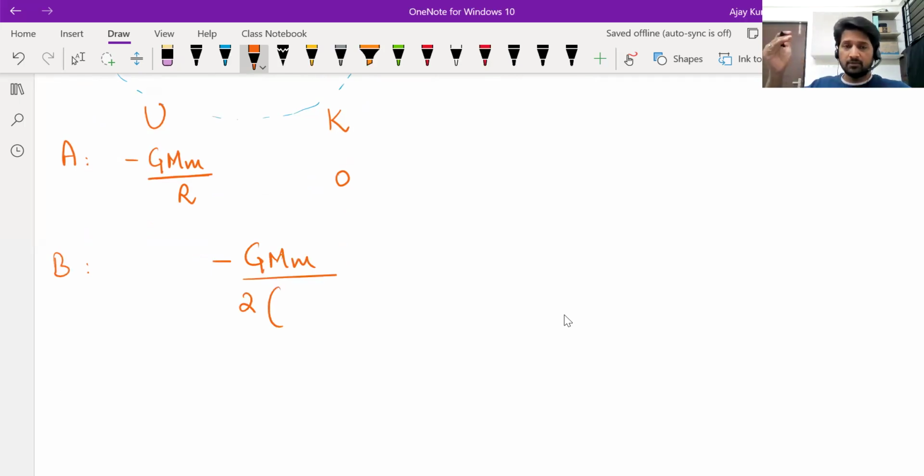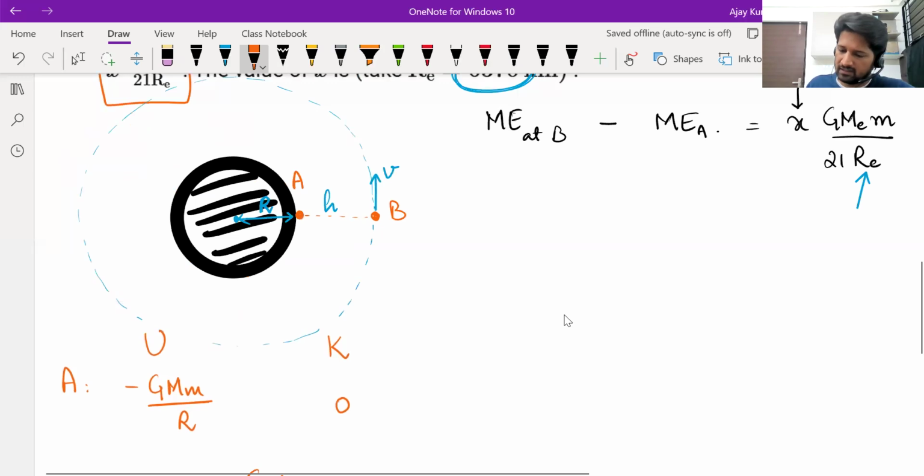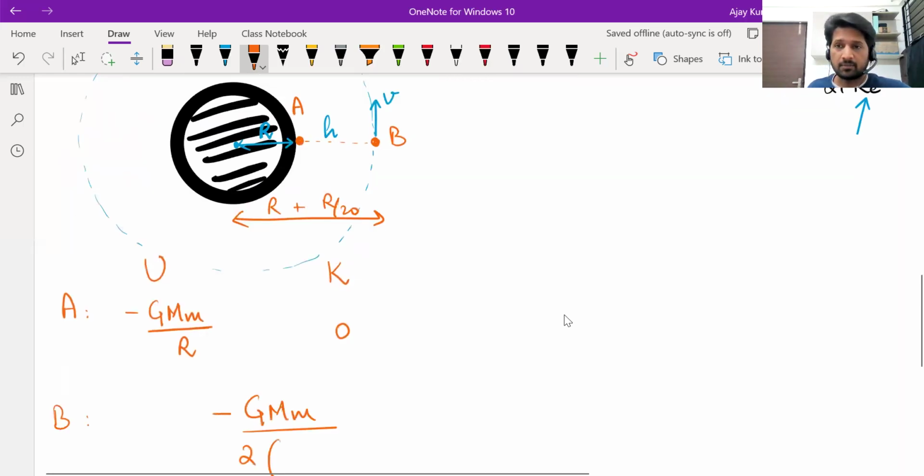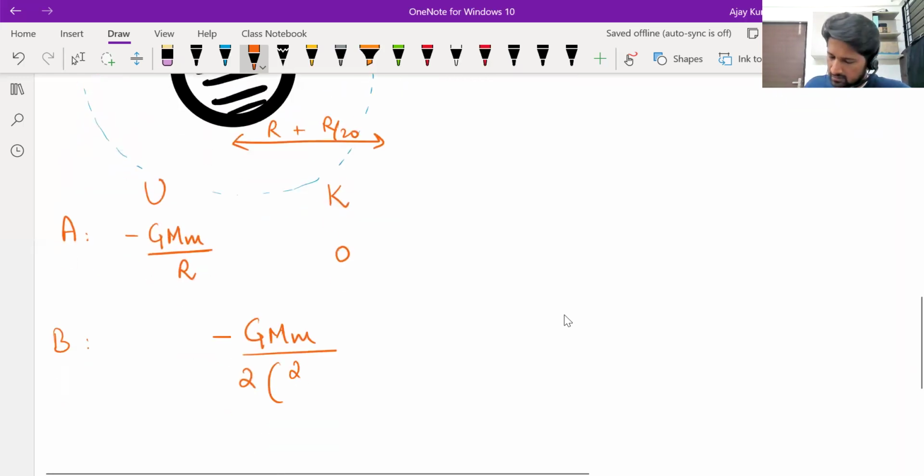Now height is R by 20, so radius of orbit becomes R plus height, radius of the planet plus that extra height. So R plus R by 20, 21R by 20 is the radius of the orbit. 2 into 20 goes 10 times, 10 goes to the numerator.